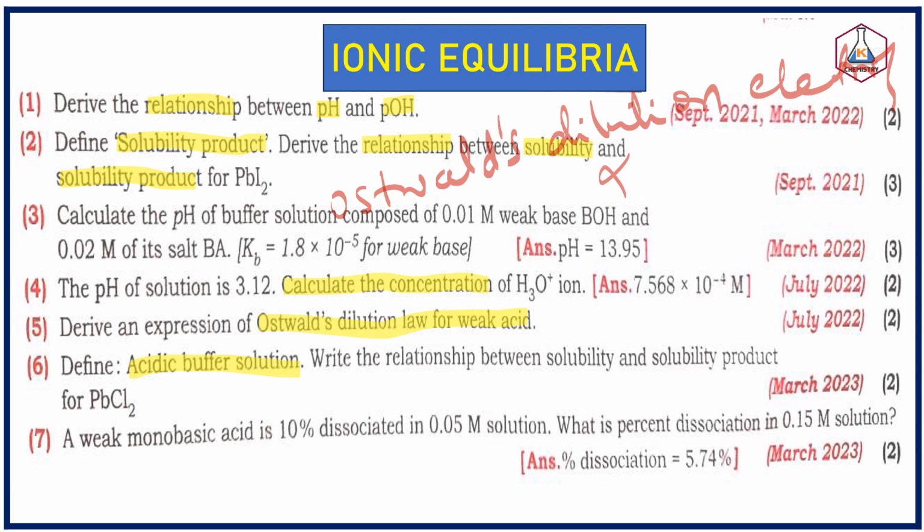Then what does the pH scale say? The relation between pH and pOH: pH plus pOH equals 14. That derivation you should practice thoroughly, so that it will be a 2 to 3 mark compulsory question.